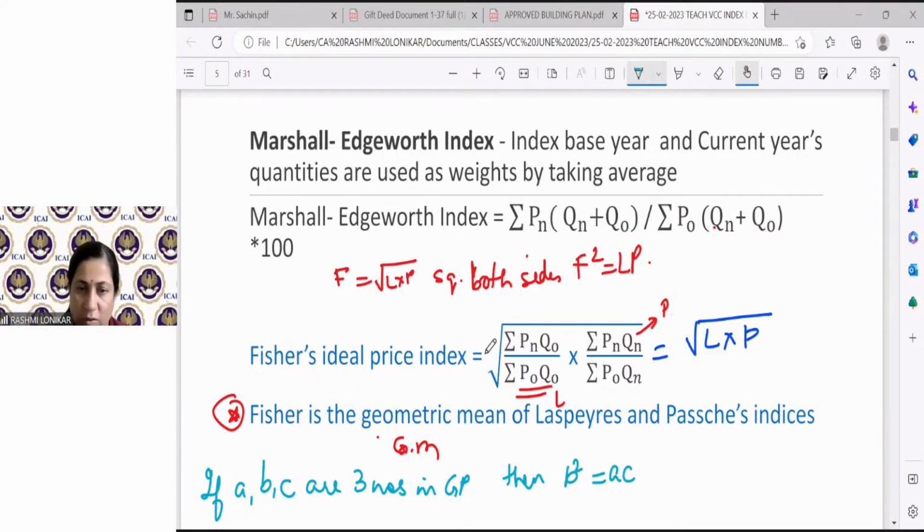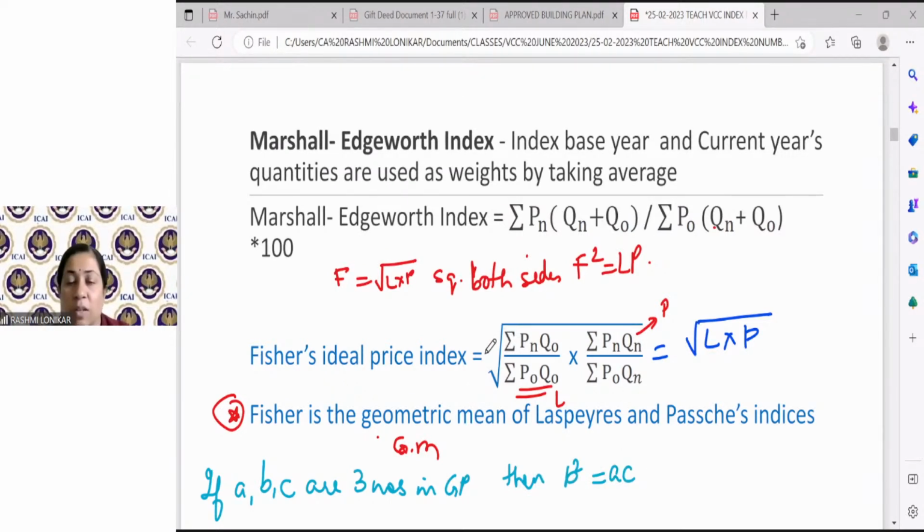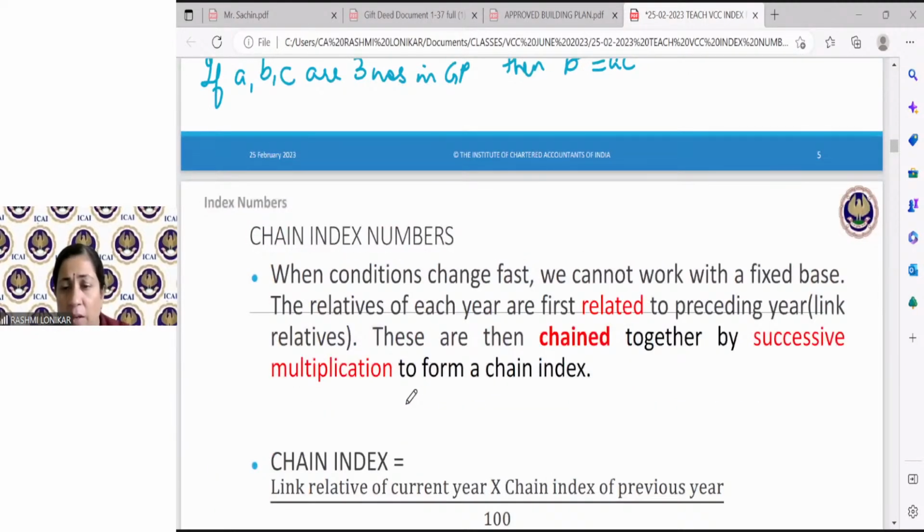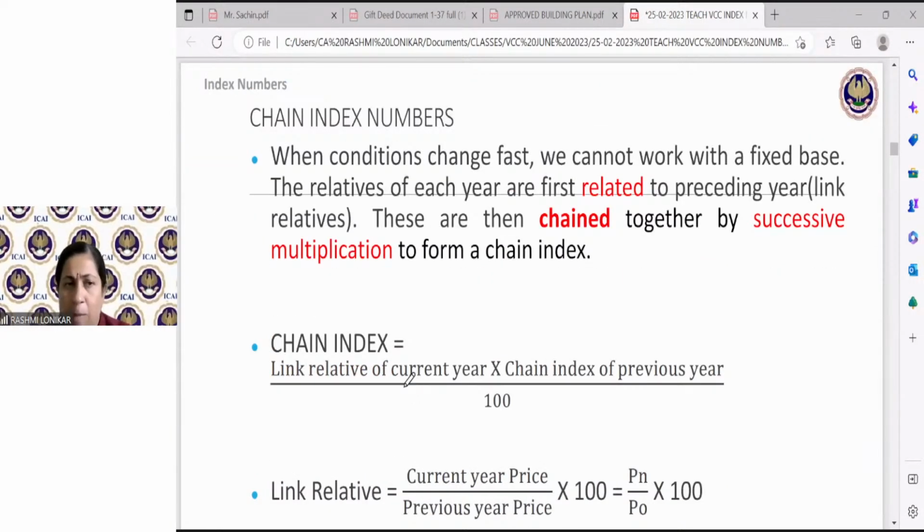So this Fisher is equal to square root of L and P means what? It is a geometric mean between Laspeyres and Paasche. Okay. Then what happens is, we know that, yes, very good, Pramod. B square is equal to AC.